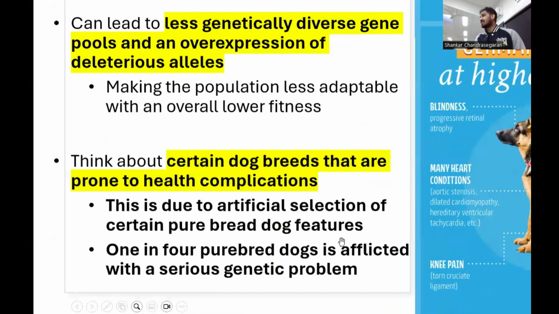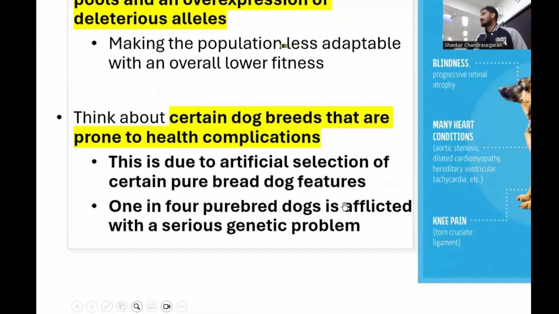And this can be seen with the dogs, right? Think about certain dog breeds that are prone to health complications. This is due to the fact that artificial selection of purebred dog features is causing them to pass on deleterious alleles to themselves, right? In fact, the problem with making purebred dogs is that 1 in 4 purebred dogs is afflicted with a serious genetic problem, right?